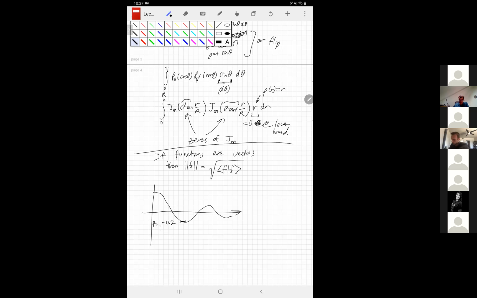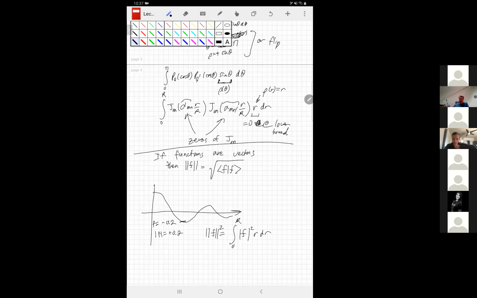F equals negative 0.2. Absolute value of F equals plus 0.2. But the length of F is equal to the integral from 0 to R of absolute value of F squared r dr, okay? And strictly speaking, that's the squared length.